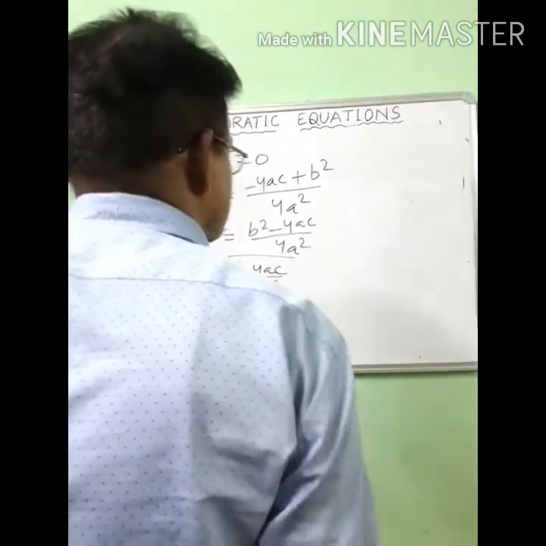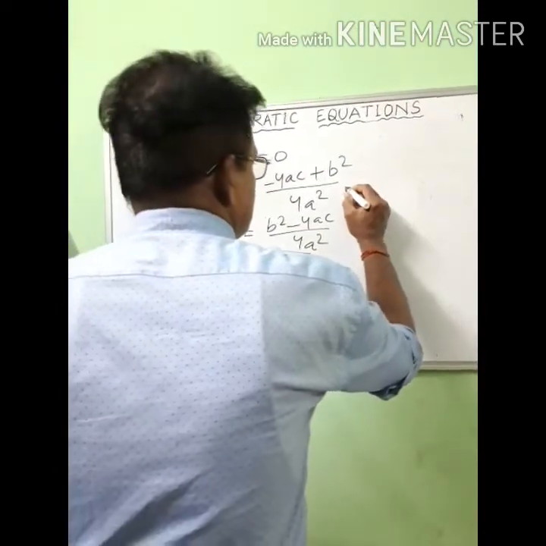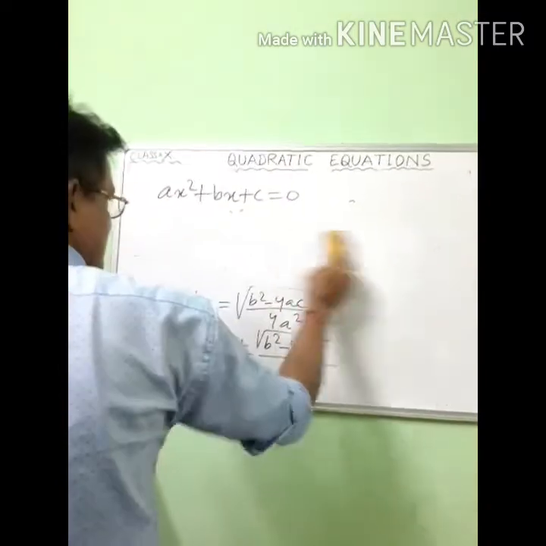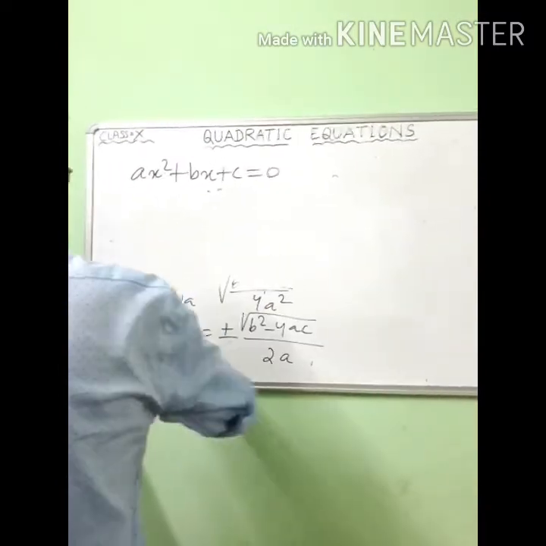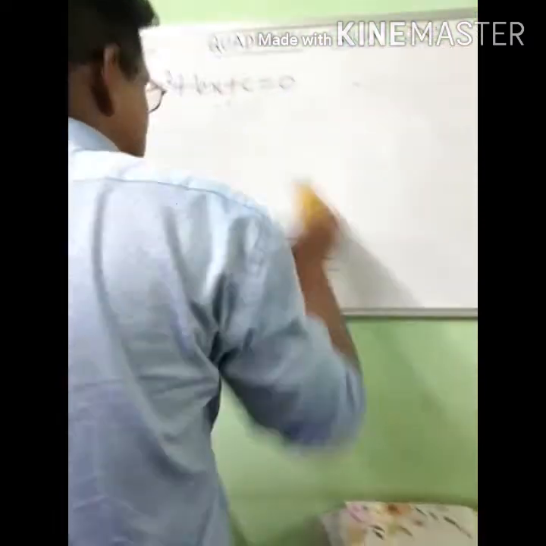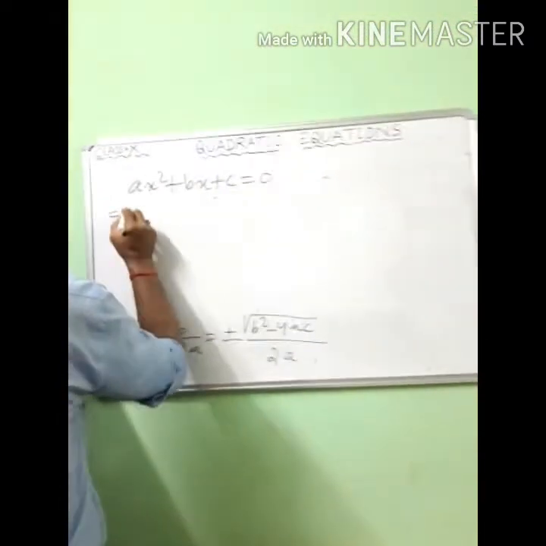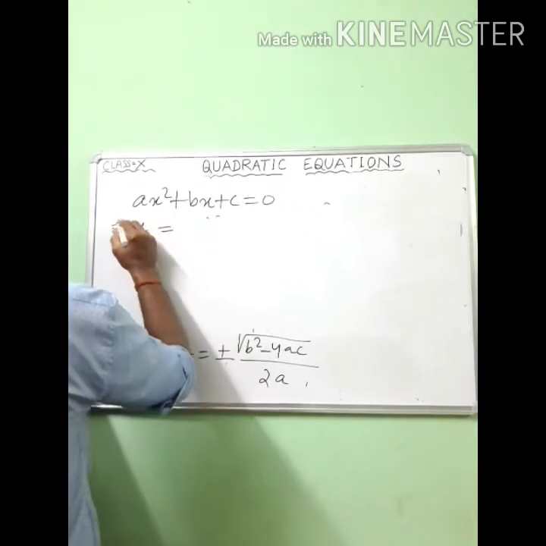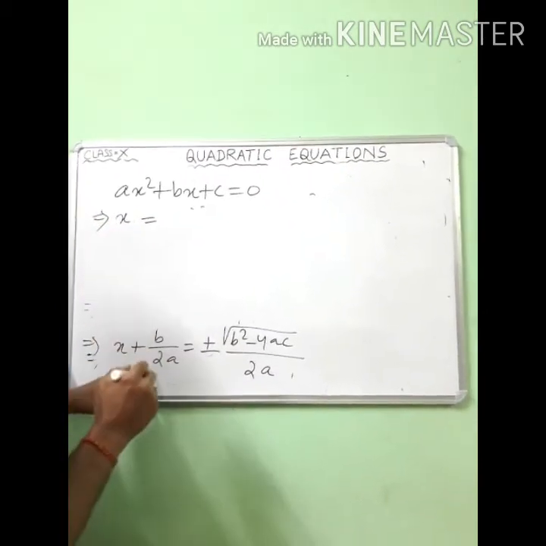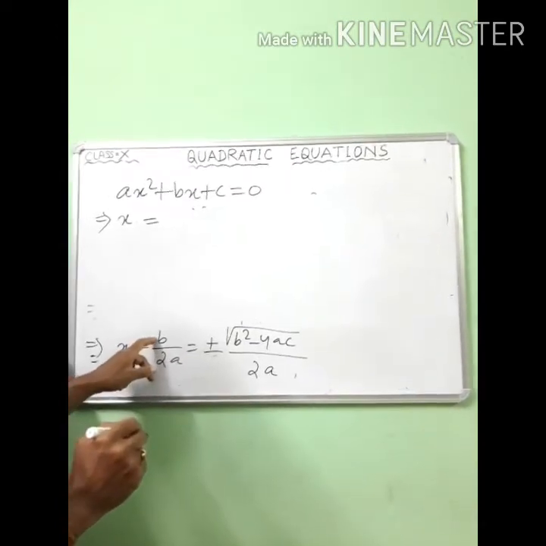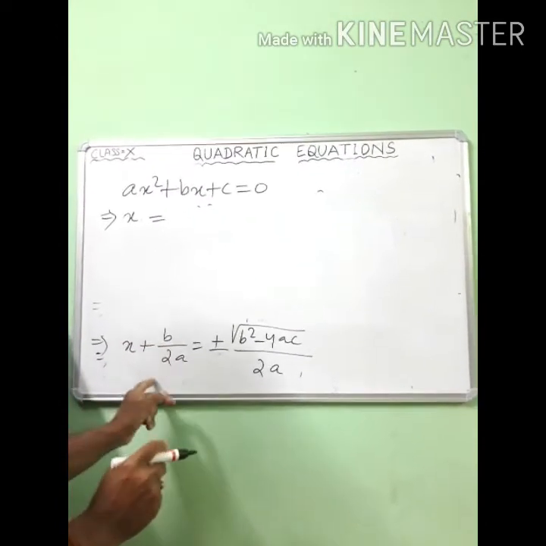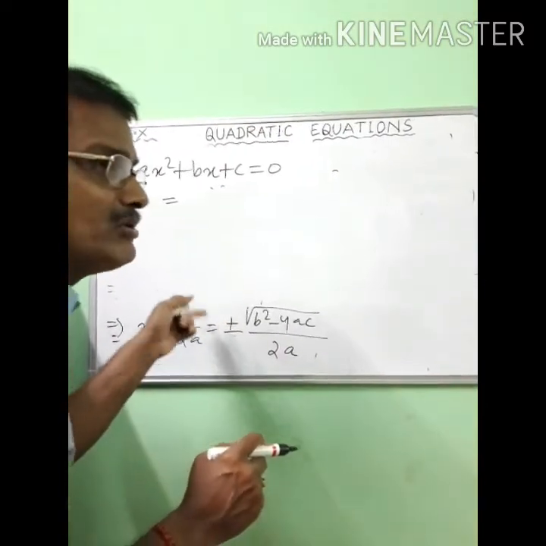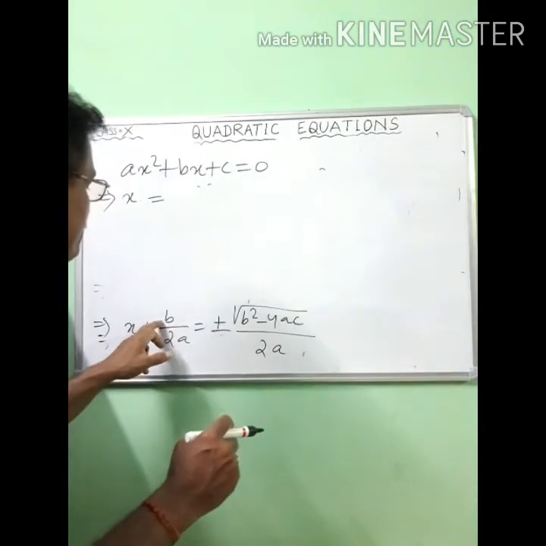Clear? Let's write here. This implies x is equal to, so plus b by 2a will come to the right side, it will become minus b by 2a.